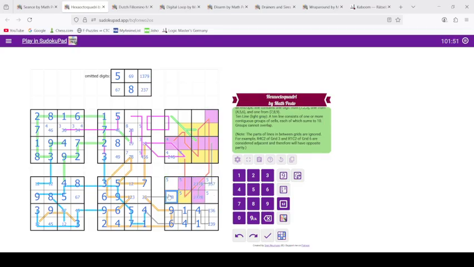Either it is that, or it's 7 and it goes there. This can be anywhere as high as 7 or as low as 3.